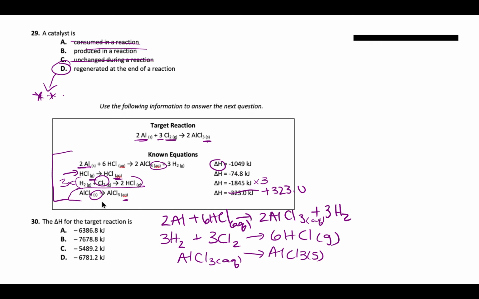So notice we don't have HCl in the equation, so we need to get it to cancel. To cancel it, I need HCl aqueous on the product side and the gas on the reactant side. I also need 6 of them. So coming to my manipulated equations, I do have what I need on the correct side, but I don't have enough. So I'm going to multiply all of these by 6.